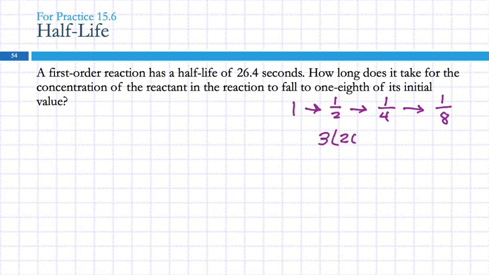So we can think it out and say, well, this is 3 half-lives. 3 times 26.4 seconds. It'll take 79.2 seconds for it to fall to 1/8 of its initial value.